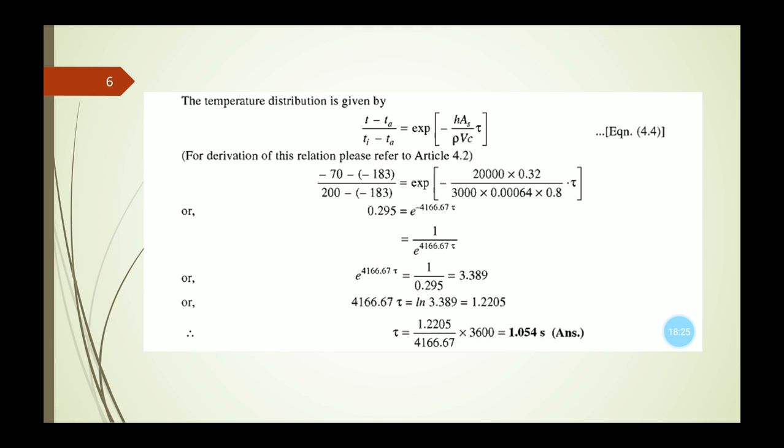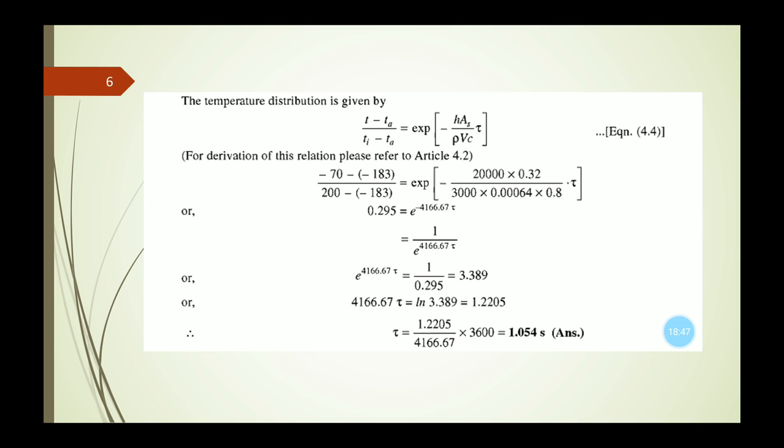Now in this relation of lumped parameter analysis, if we put the values that are known to us, then we can easily calculate the time after certain steps. Here you can see that all the values for the known parameters we have entered.